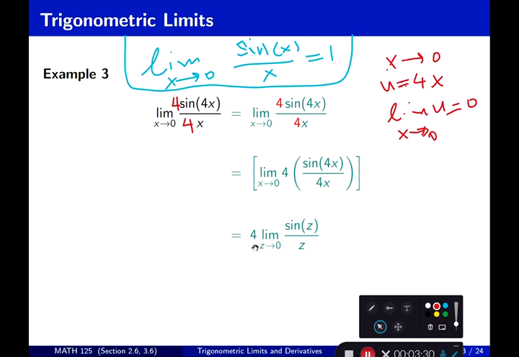And so you end up with 4 times the limit as z approaches 0, where z is equal to 4x, of sine of z over z. But then that limit is exactly 1.